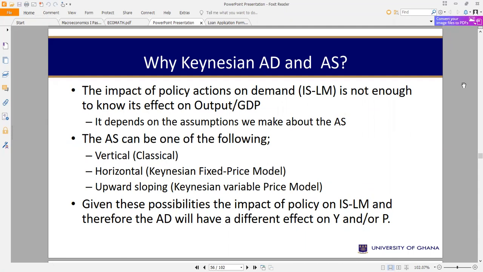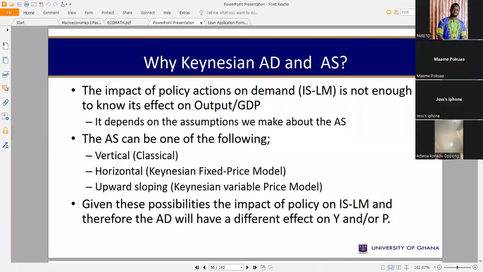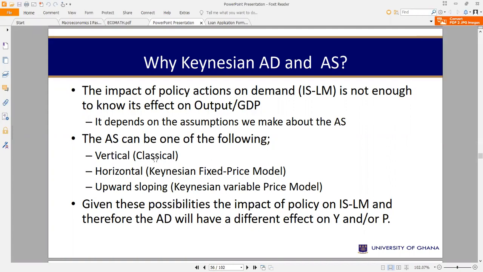We saw what happens to Y when we were dealing with the ISLM, but we are going beyond that to look at the various shapes of the AS curve, and how changes in aggregate demand actually affect the output level. But what we need to understand is that the effect of any policy will depend on the assumption that we are making about the AS curve. The AS curve can take these forms. It can be vertical, it can be horizontal.